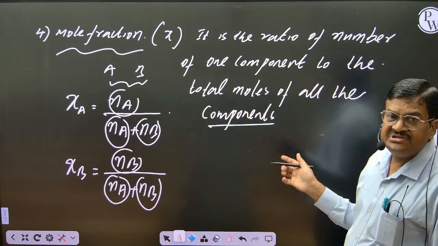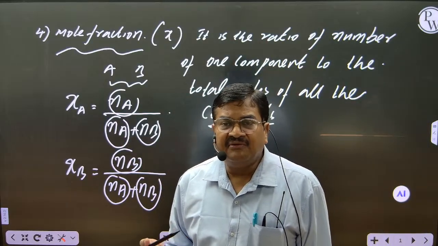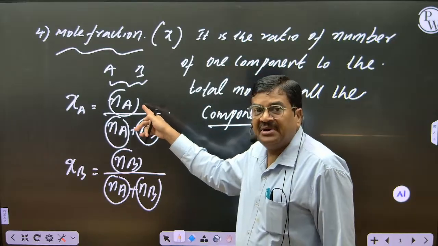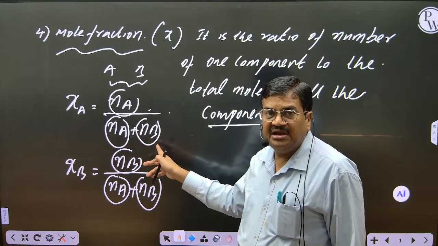So this is the definition of mole fraction. Understood, friends? Simple. So in order to get mole fraction of any one component, we take number of moles of that particular component in the numerator by total moles of all the components in the denominator.